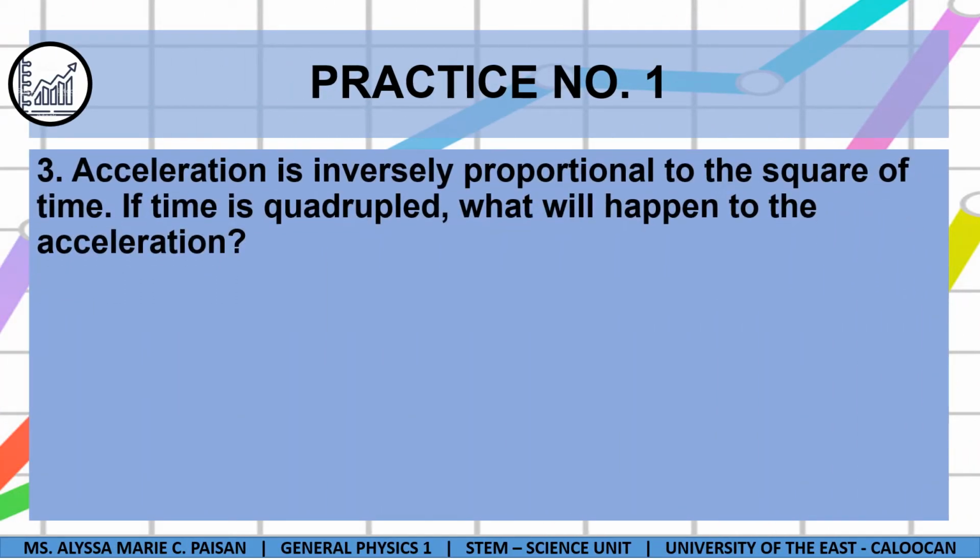Okay, now let's have example number 3. Acceleration is inversely proportional to the square of time. If time is quadrupled, what will happen to the acceleration? Again, our first step is to identify the relationship.